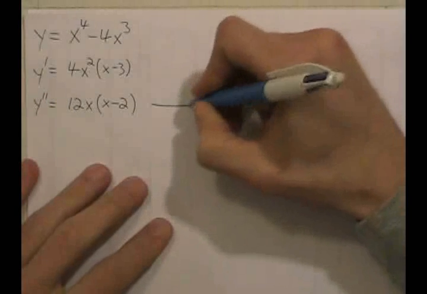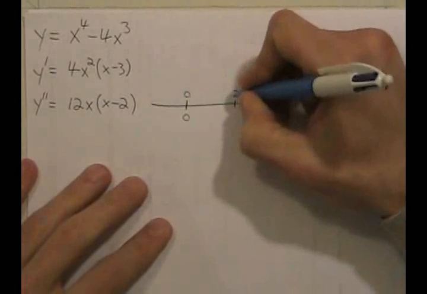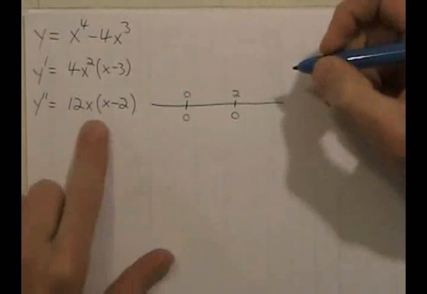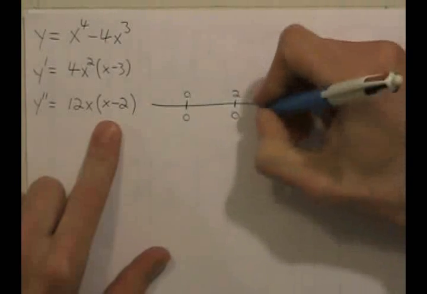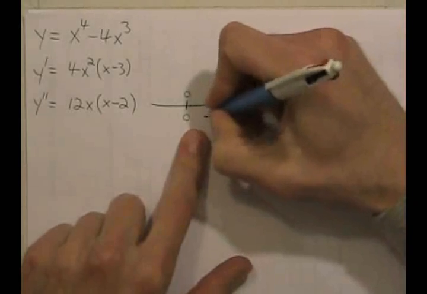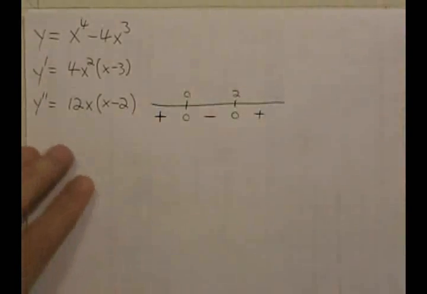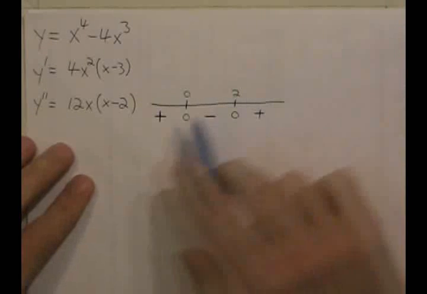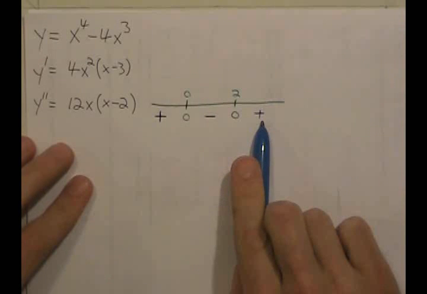It's 0 at 0, 0 at 0, and at 2 it's 0. If we plug in a number larger than 2, the second derivative will be positive. When we cross over 2, by plugging it in, we'll get negative, and then we'll get positive back over here again. So that means that the original function y must be concave up, then concave down, then concave up again.